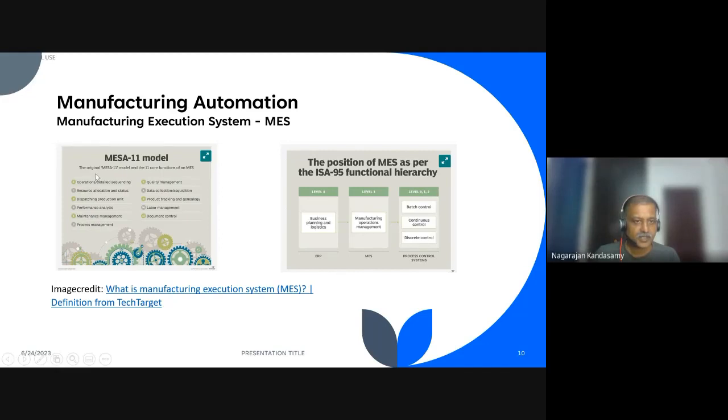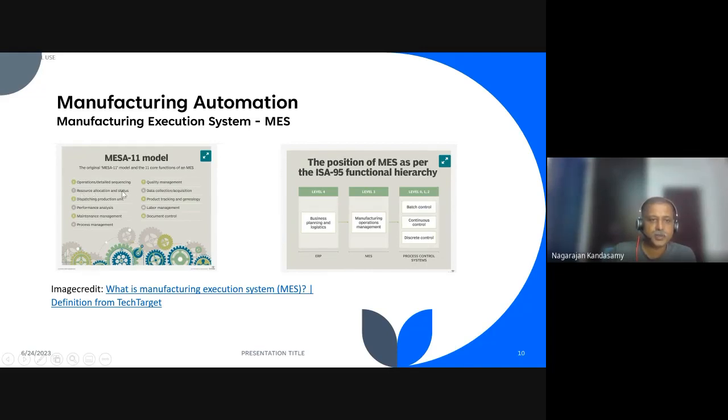So the left hand picture talks about what an MES typically covers, what things can be controlled in an MES. The first one is operations or detailed sequencing: what sequencing you will follow to manufacture a product, and what information should be covered at the operation level. Then resource allocation and status, in terms of labor and machine, and whether the machine is up and running or not.